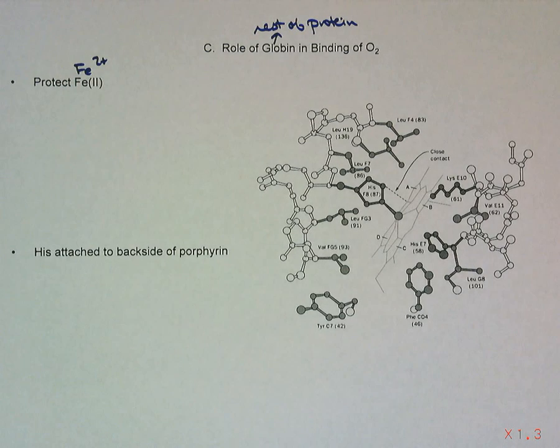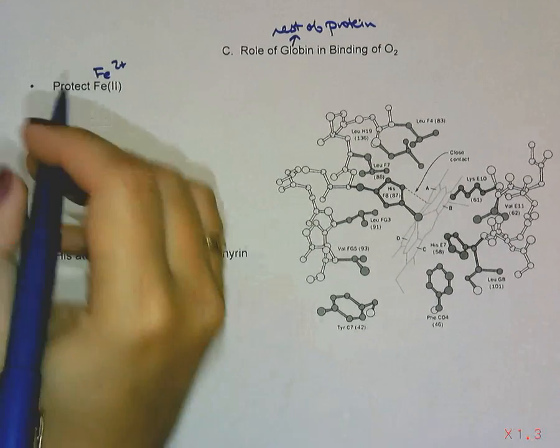So what did we talk about on Friday about why I cannot have a heme group floating by itself, or an iron plus 2 floating by itself in the presence of oxygen? It'll be permanently oxidized, right? And you don't want that.